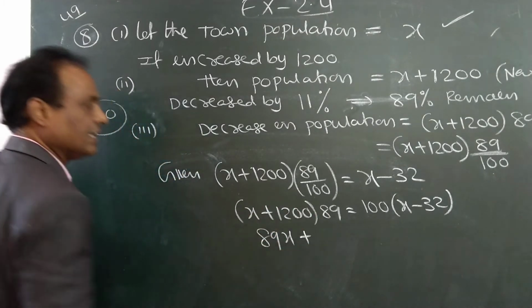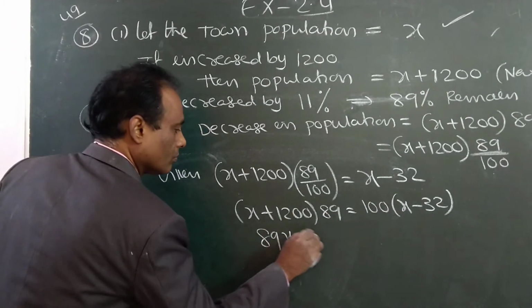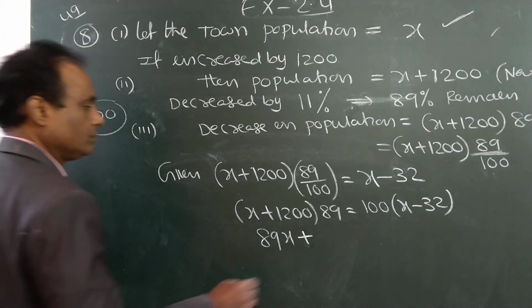89 into x, 89x. Write down. This into 1200.